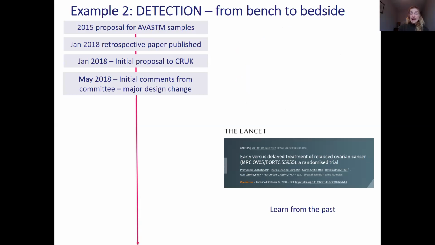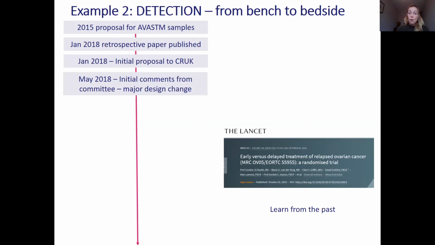However, in May, they came back and said there should be a major design change. A lot of these comments are quite useful, and it's important not to take them personally and to think about what the reviewers are saying. Actually, this was really helpful for this trial. They told us to look at an old trial that had been done in ovarian cancer, the OV05 trial, looking at early versus delayed treatment based on CA125.